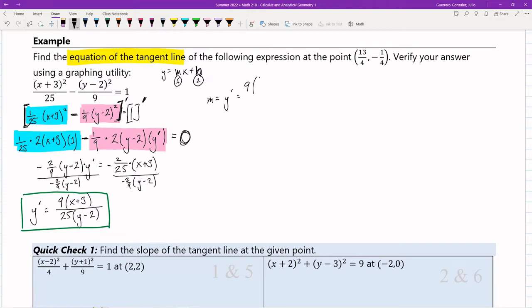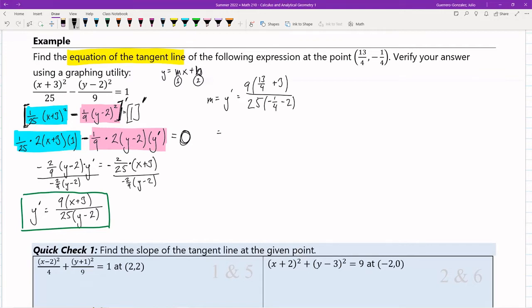My x, which is 13 over 4 plus 3, all over 25 times y, so minus 1/4 minus 2. There's going to be a lot of math in here.